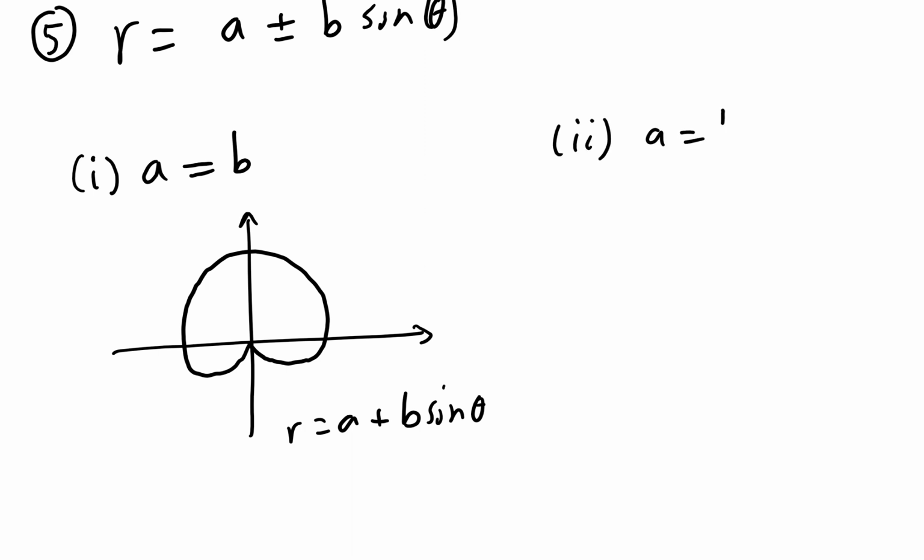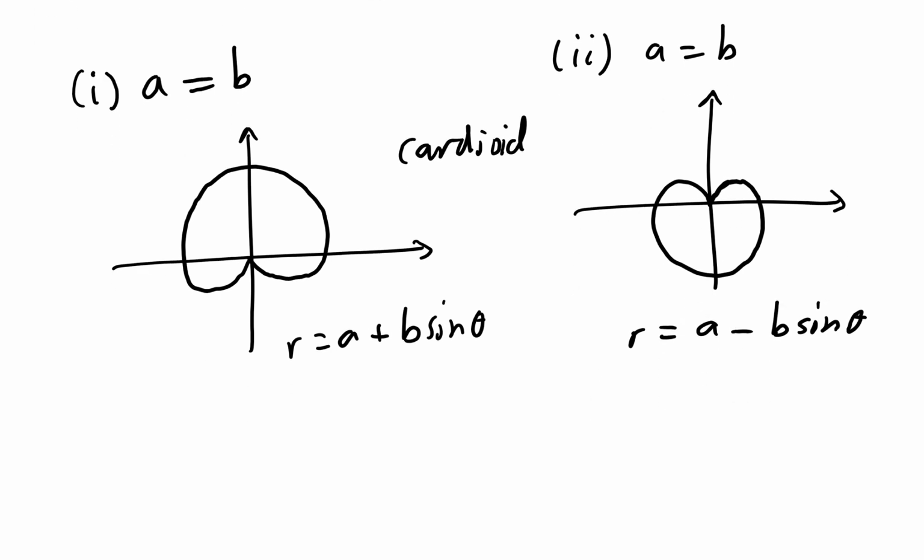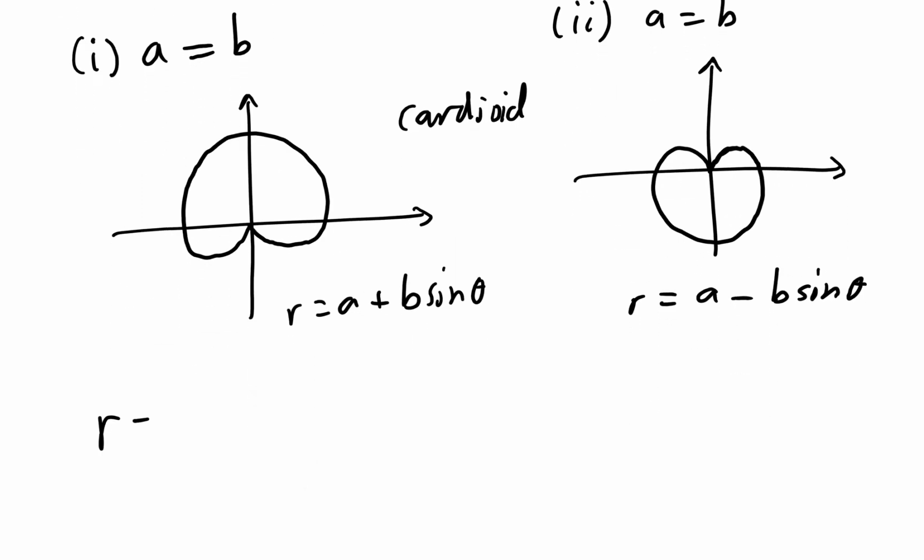If a equals b but it's minus, it's going to actually look like a heart. So that's called a cardioid. How about if r is a plus or minus b cosine?